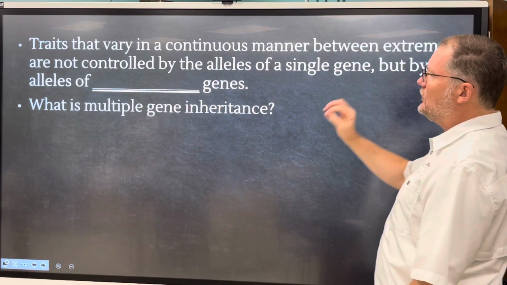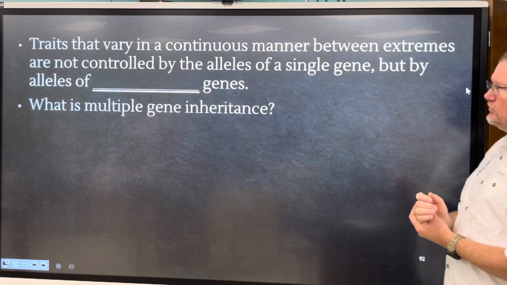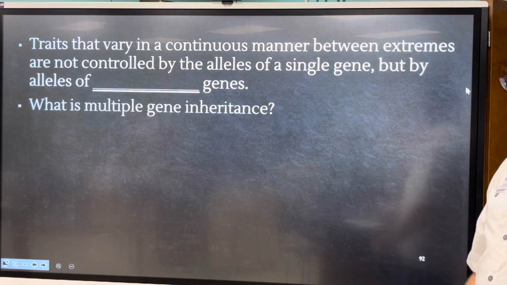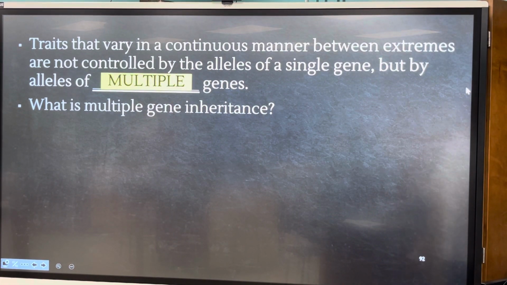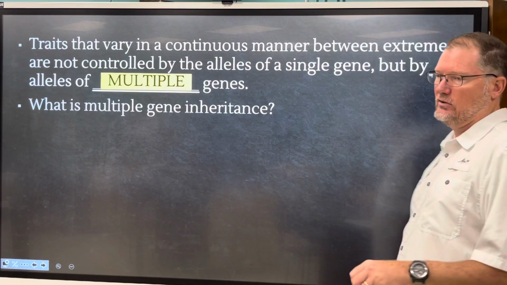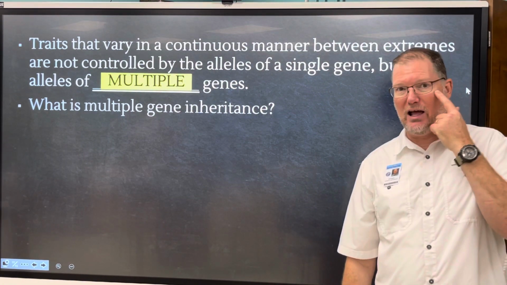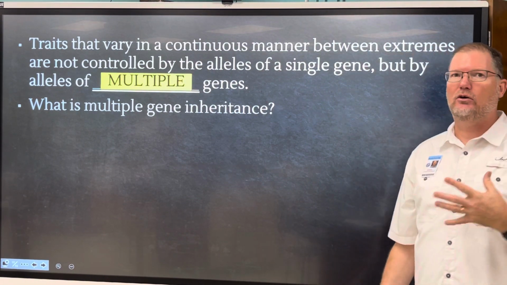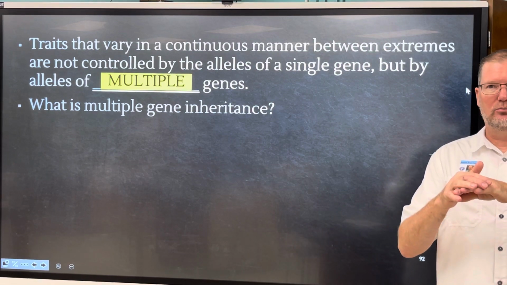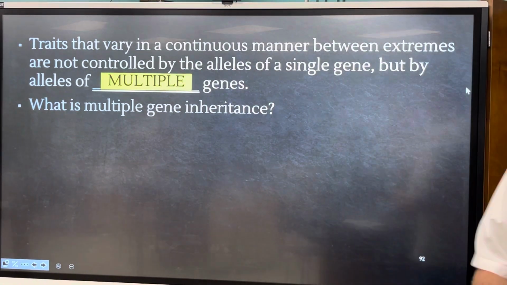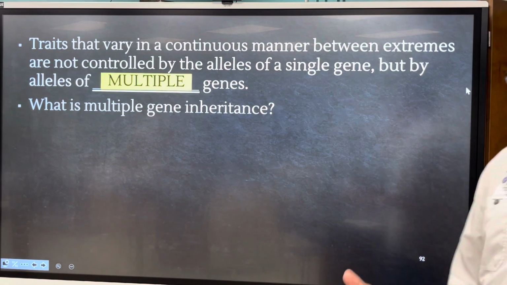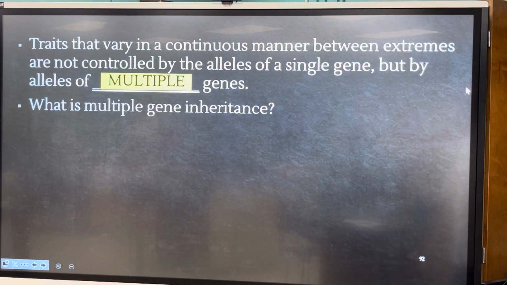So traits that vary in a continuous manner between extremes are not controlled by the alleles of a single gene, but by multiple genes. That's why, again, there are not just brown-eyed people and blue-eyed people. I have hazel eyes, and there are different shades of brown eyes as well, different shades of blue eyes, green eyes. Hazels are kind of greenish brown.